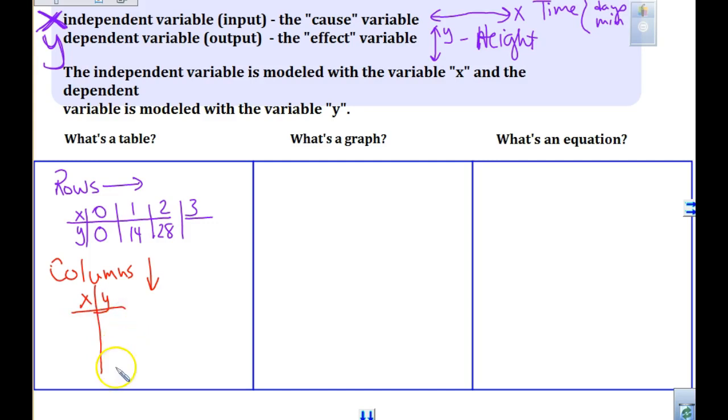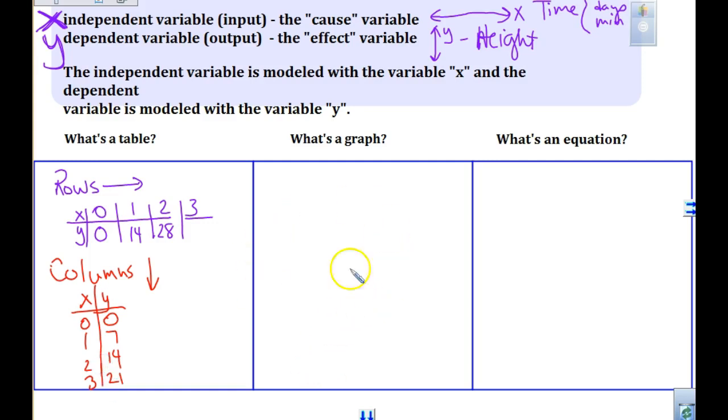The ones as we start our homework tonight, a lot of times I'm going to have you make your tables this way. So again, you might have 0, 1, 2, 3, and we might have 0 and 0, and then 7, 14, and 21. So just looking at some different values.